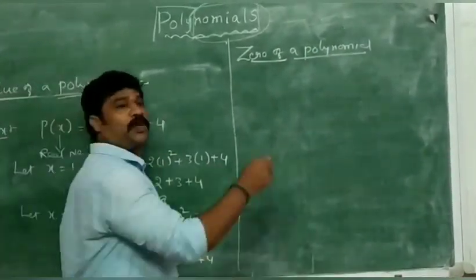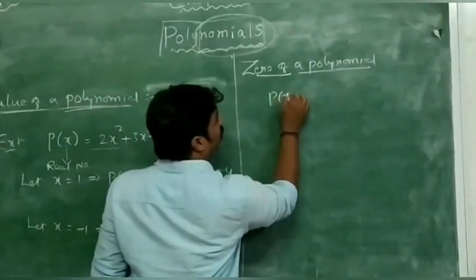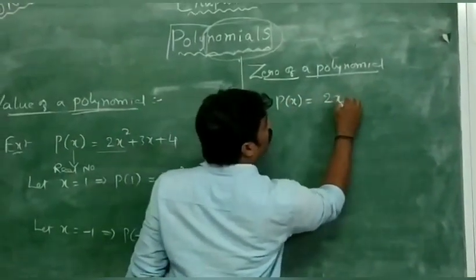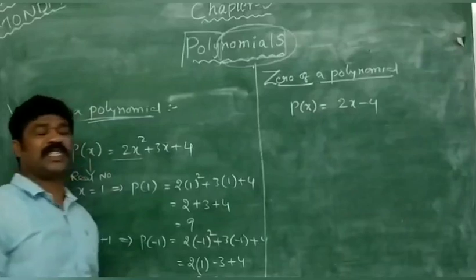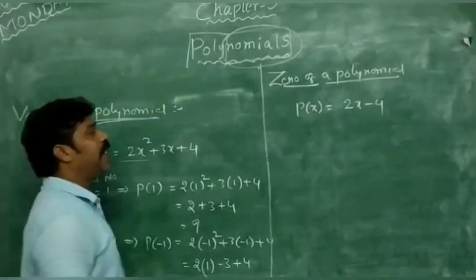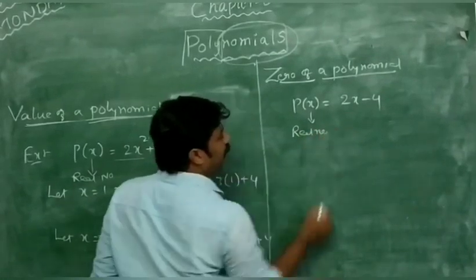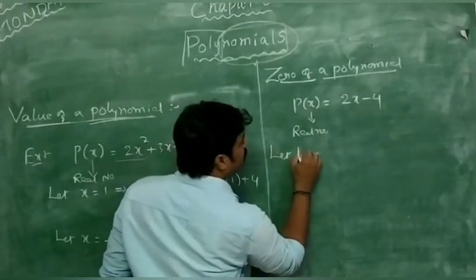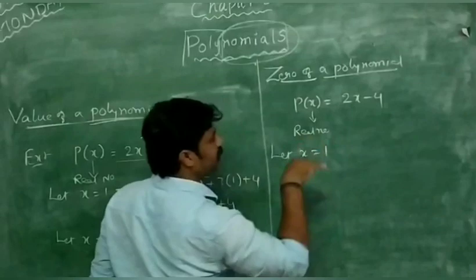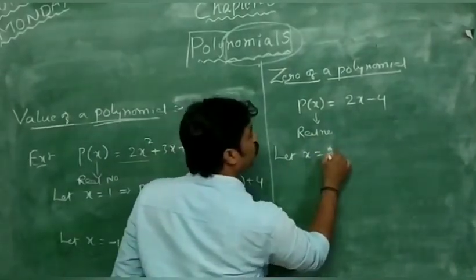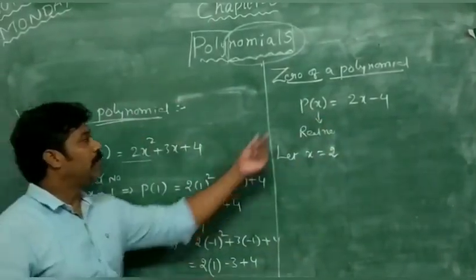Take any polynomial p of x which is equal to 2x minus 4, and again in place of x, if you substitute some real number, let x is equal to 2.